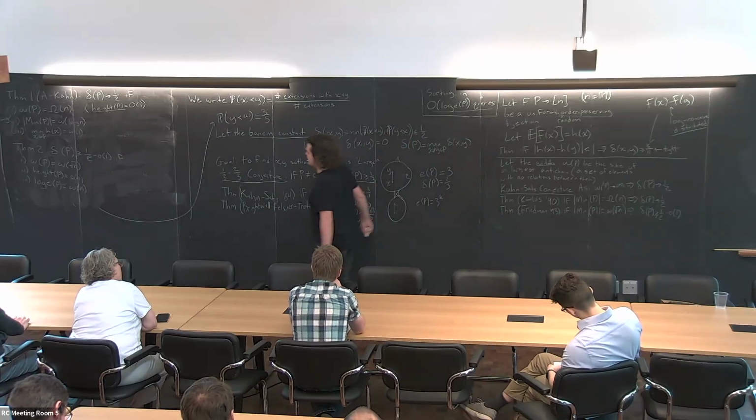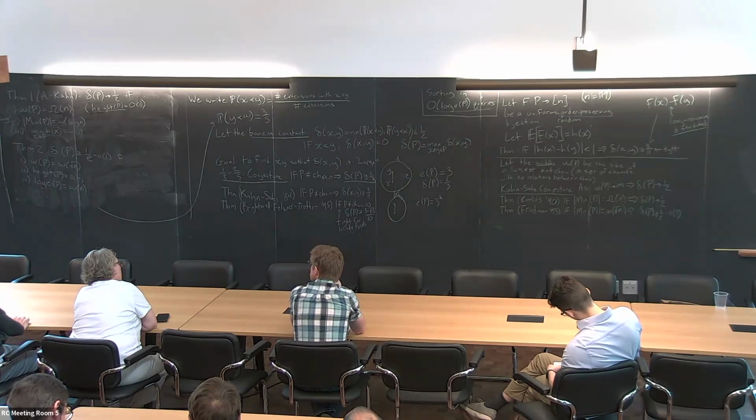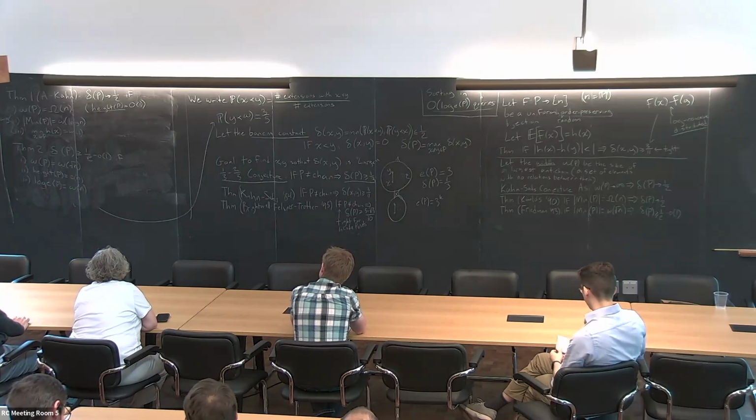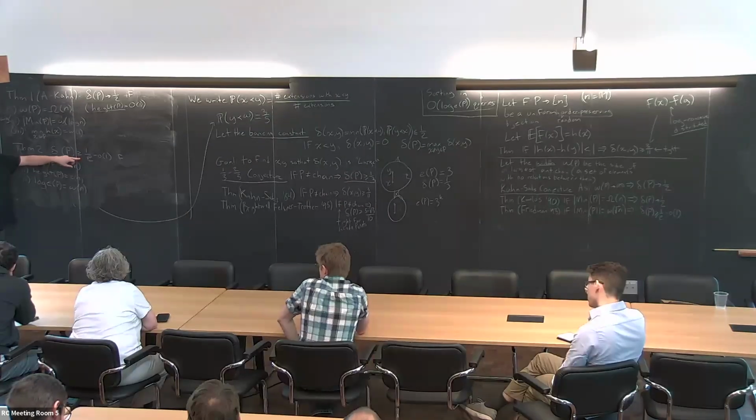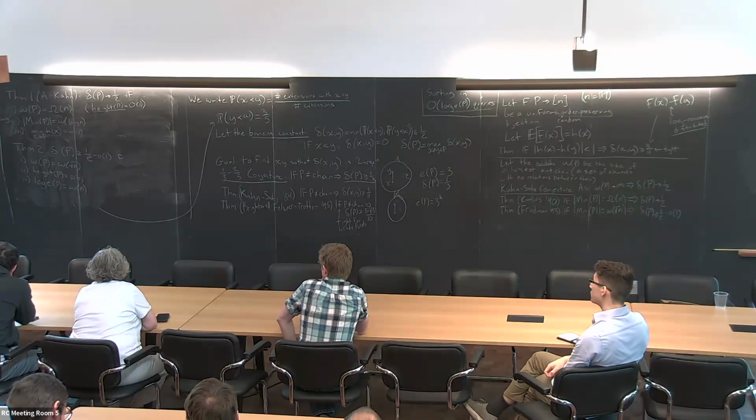So in that case, log of e of P is linear, and we don't get any better than 1/3 balancing. So there's no hope of getting this result for better than that.